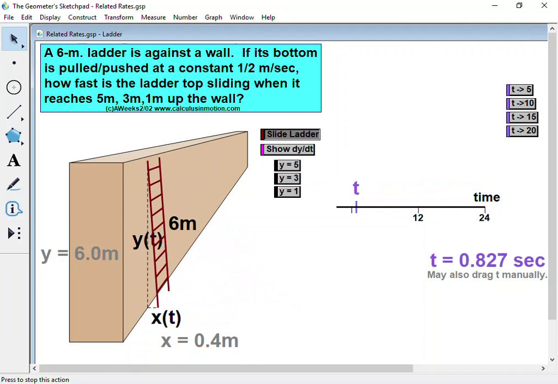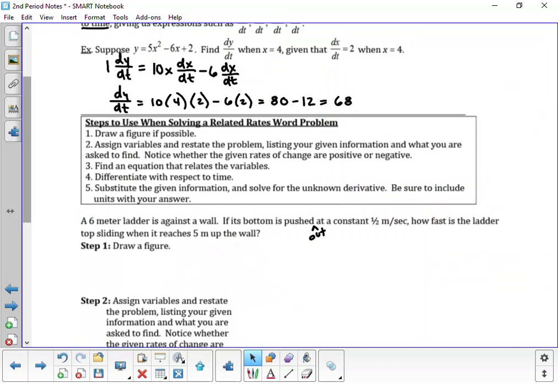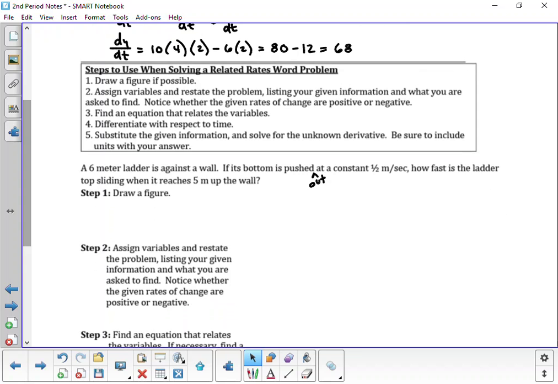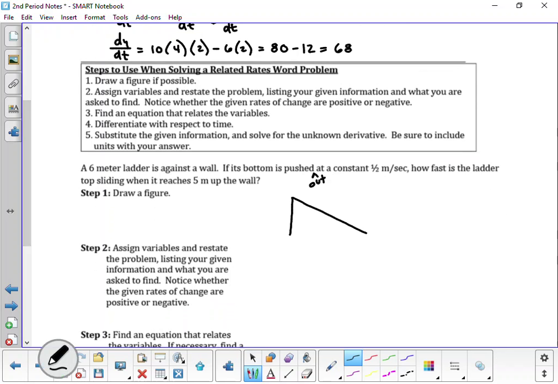Okay, so you need to start by drawing a picture to represent the situation. So we'll draw a little triangle. And on the triangle, I want you to label anything that's moving with a variable.